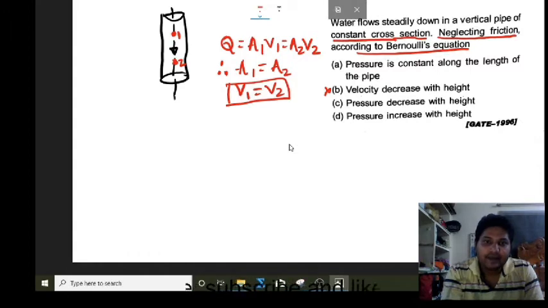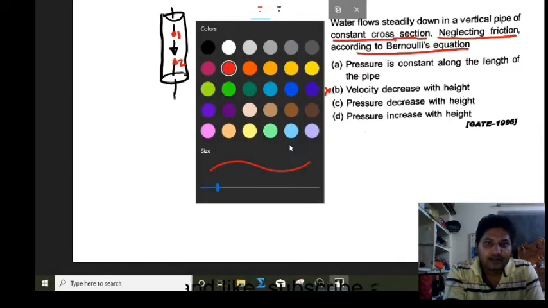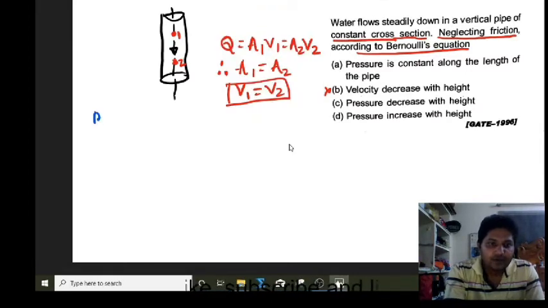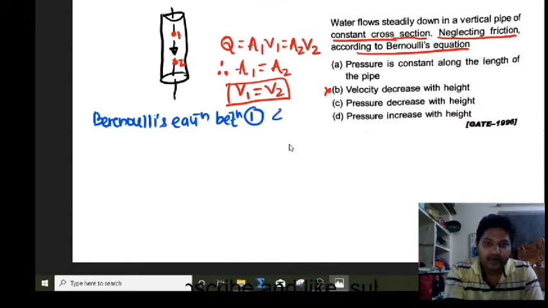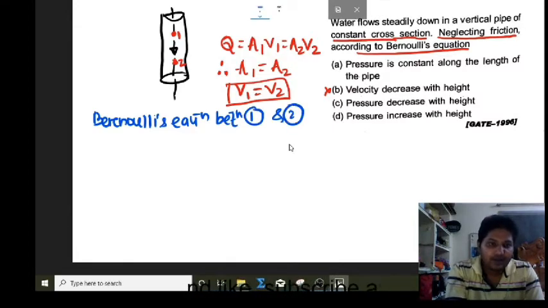Now for the pressure variation, I am applying Bernoulli's equation between point 1 and point 2. This is P1 by rho g.